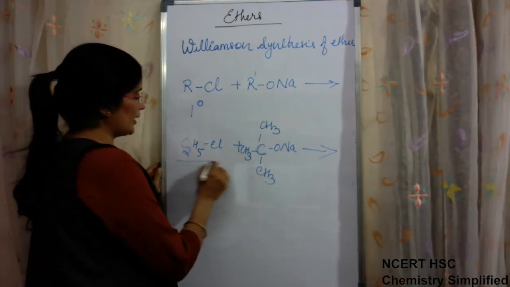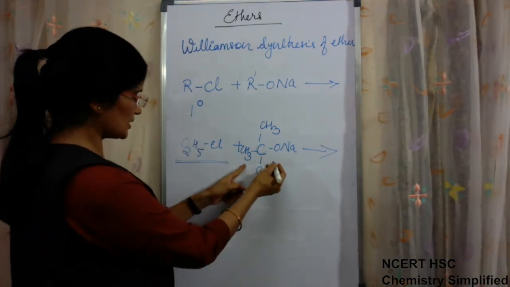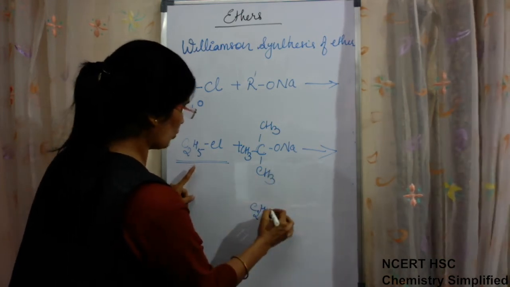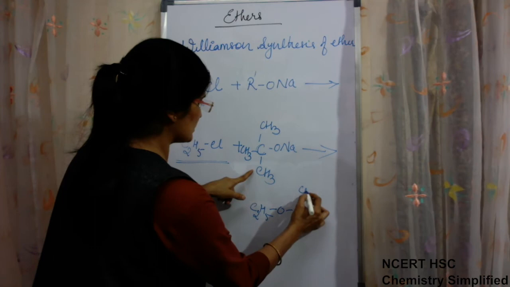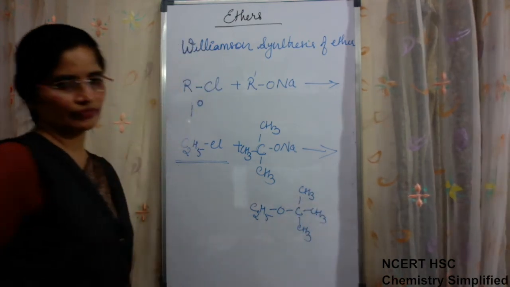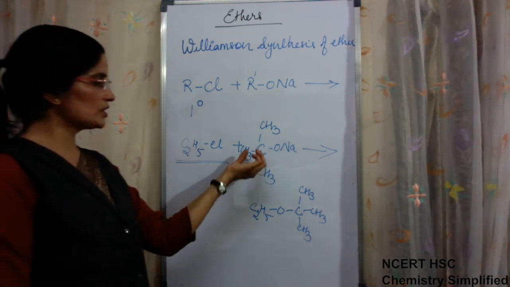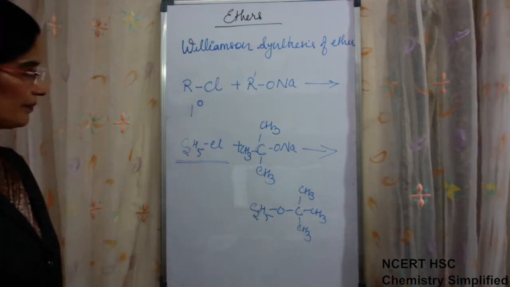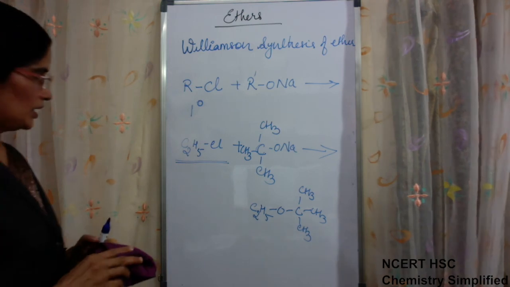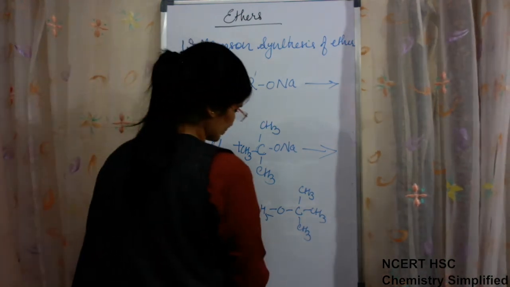But alkyl halide in this reaction should every time be used 1 degree. In this case the product will be C2H5O and CH3 and CH3. Okay, so this will be the product when we are using 3 degree alkoxide ion. Clear?